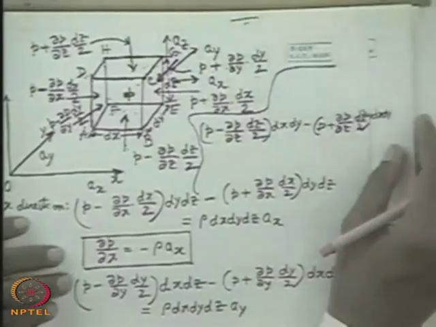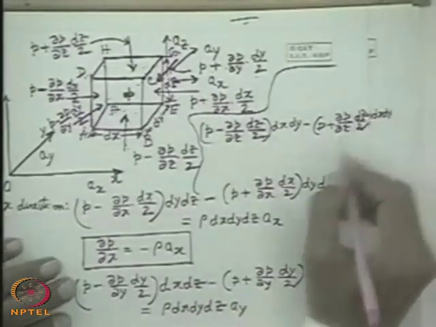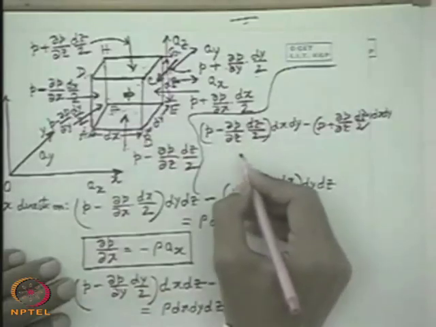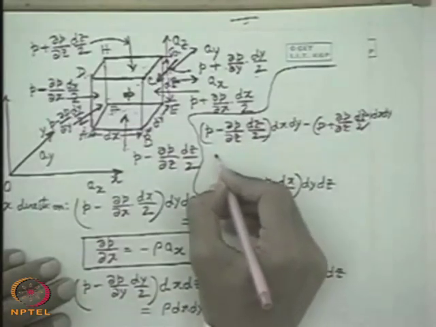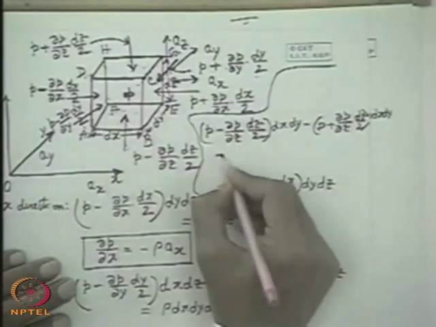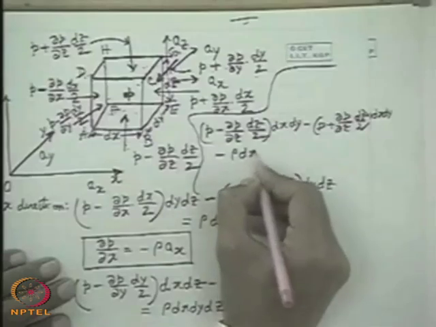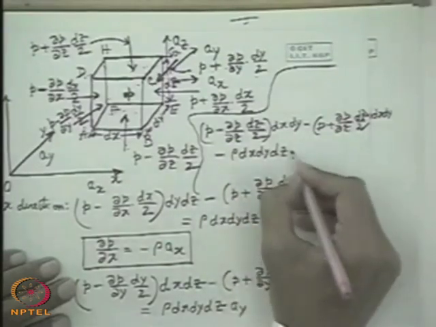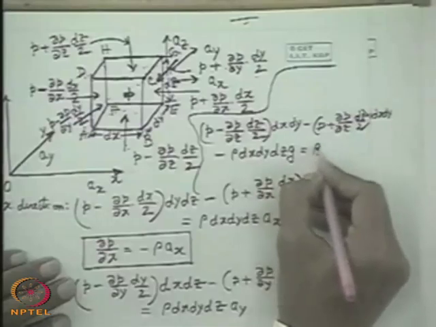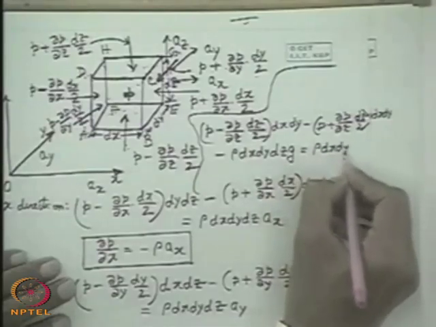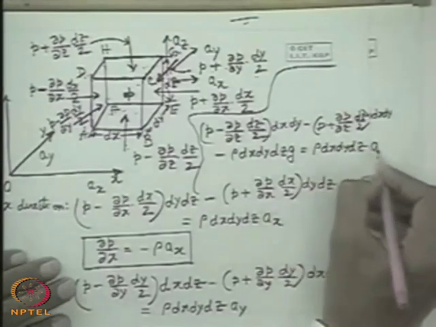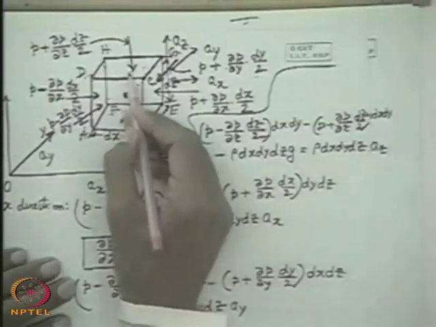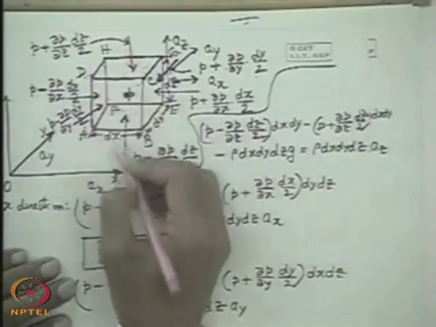If you have any difficulty, please tell me. Then another force, what is that one? Weight, that is acting downwards. So minus rho dx dy dz times g is equal to again rho dx dy dz times az, the uniform acceleration of the body in the positive direction of the z axis.